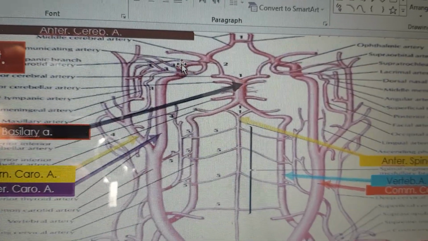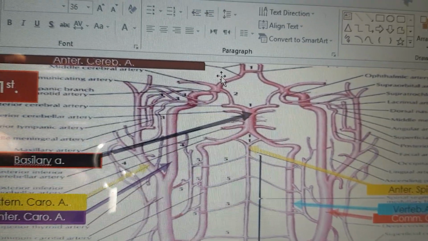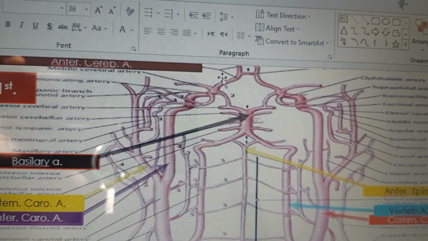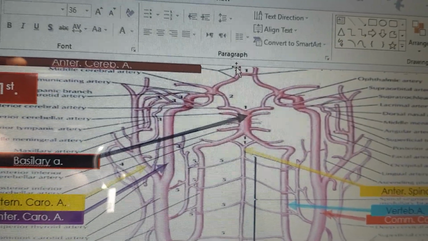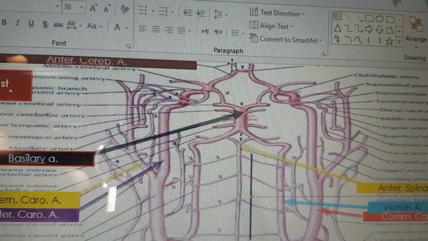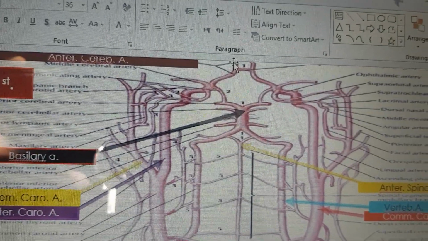The continuation of the internal carotid artery is into the anterior cerebral artery, which goes to supply the cerebral hemispheres.